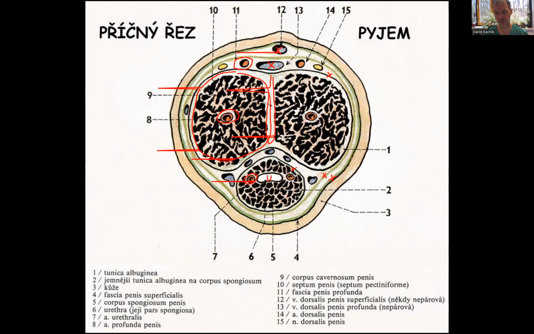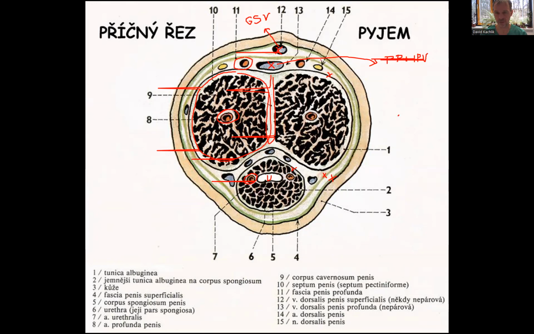superficial dorsal vein. The superficial one drains into the great saphenous vein. The deep one drains into the pudendal plexus of Santorini and also into the internal pudendal vein. So it is really divided into two.